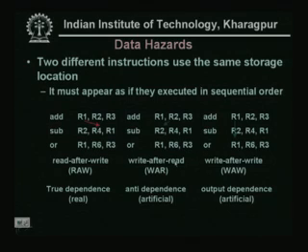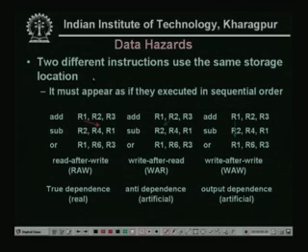Now, the data hazards. Two different instructions use the same storage locations. Data hazards mean the same storage locations, either in memory or the registers. Now, there are different cases we see. It must appear as if they executed in sequential order. See, for memory, there are only two operations.